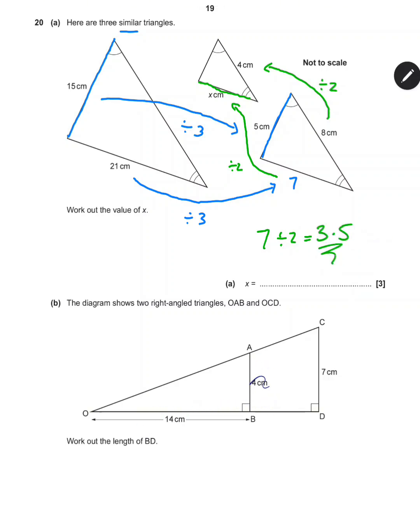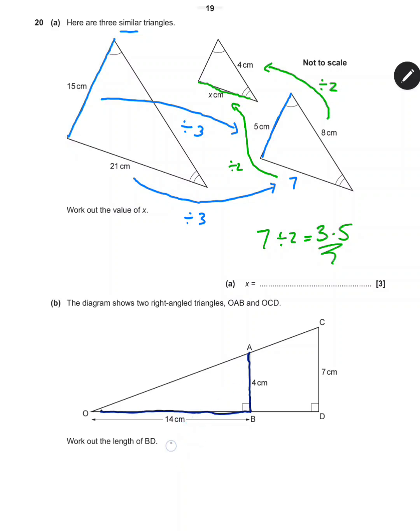Part B gives us some more triangles, and we've got one triangle inside of another one. The minute you've got this diagram, you've got the exact same thing that we just looked at in part A. You've got similar triangles. These triangles are perfect enlargements of each other. 2 separate triangles there. What we can look at is these sides compared to each other and see if we can find a relationship between those two.